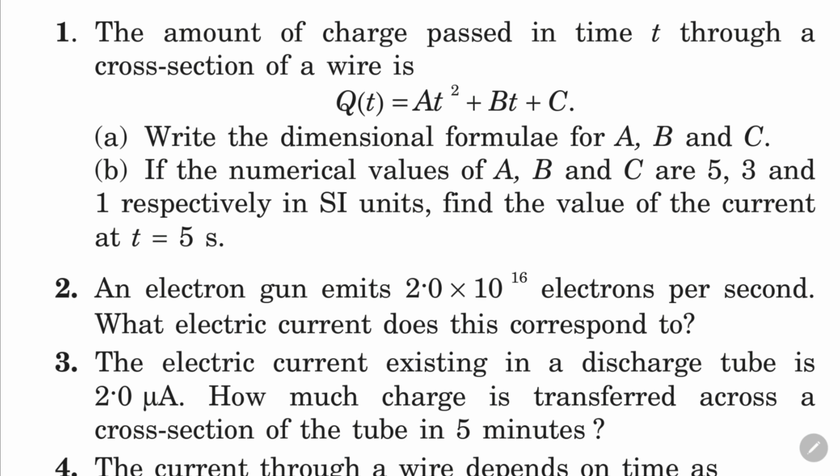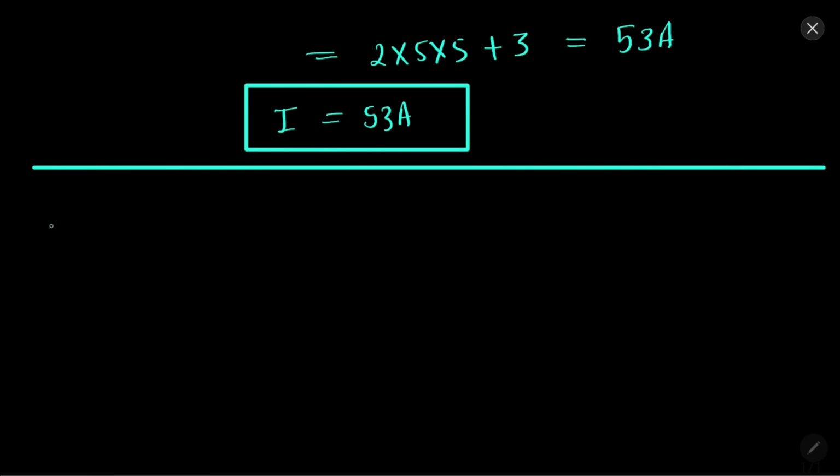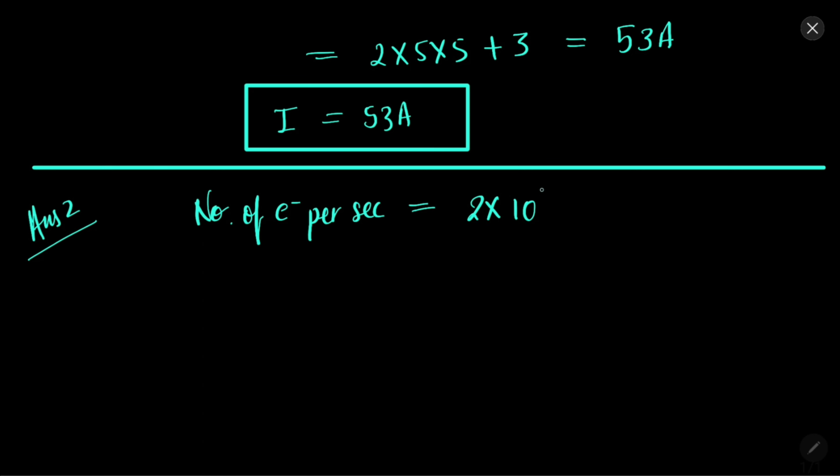In the second question, an electron gun emits some electrons per second. We need to find the electric current. So this is the second one. So the number of electrons per second is 2 into 10 to the power 16 electrons per second.